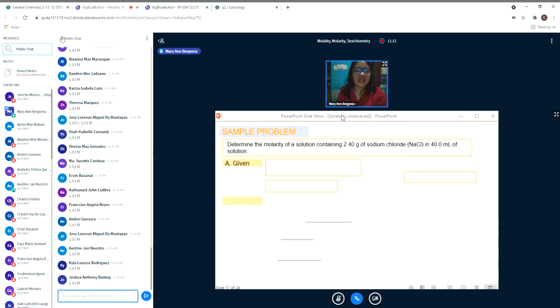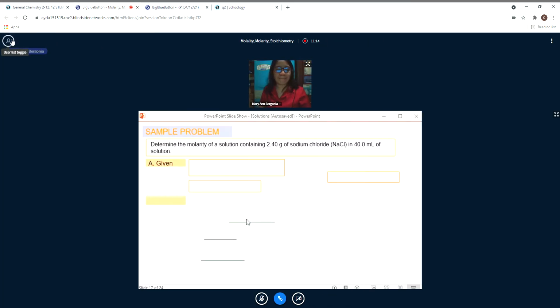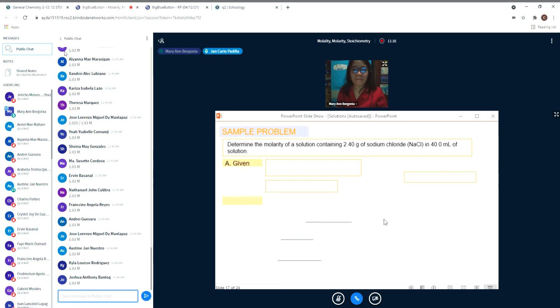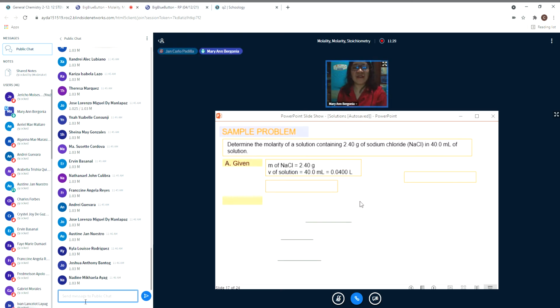Giancarlo, ano yung given natin, Carlo? Wait lang po, ma'am. Ano po? Mass of sodium chloride which is 2.40 grams, saka po volume of the solution which is 40.0 ml po. Okay, very good, Carlo.